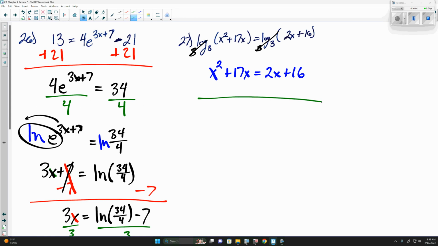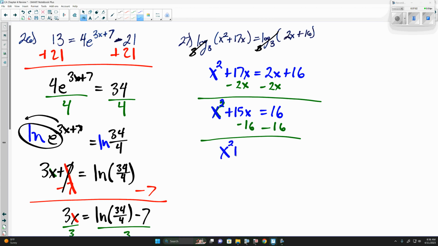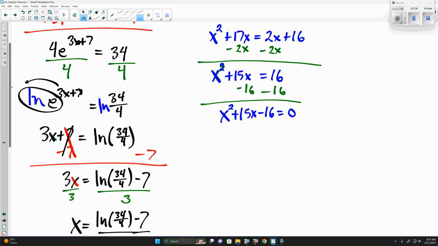Since we do have a quadratic, we do need to get this equal to 0. So I can subtract 2x from both sides, telling us that x squared plus 15x is equal to 16. Minus 16 from both sides, telling us x squared plus 15x minus 16 is equal to 0.